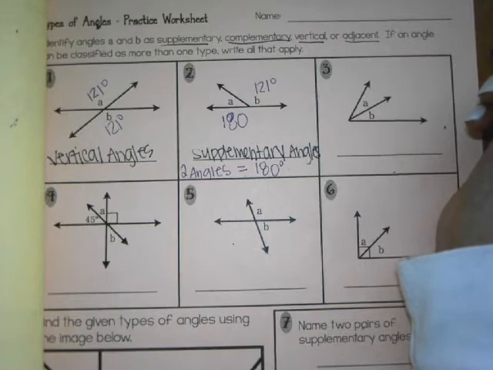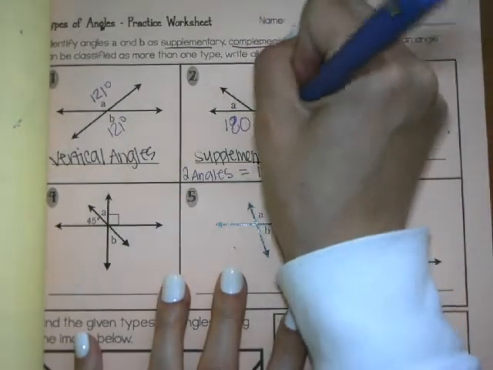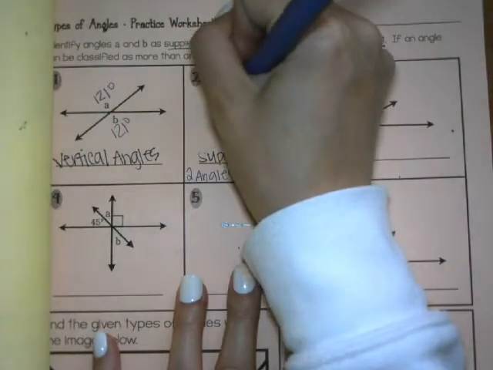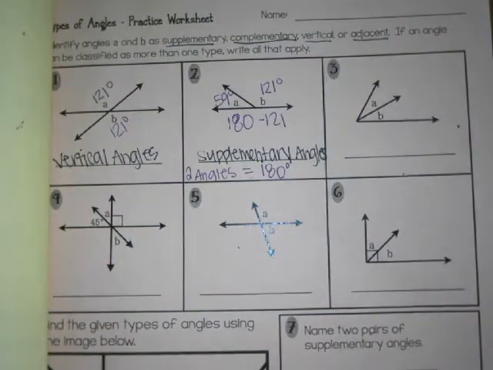We know it equals 180 degrees. And I want to subtract 121 from it because that's what angle B is. So do the math for me. What do we get, everyone? Which means angle A is 59 degrees because angle A and angle B have to add together to equal 180 degrees. Questions on supplementary?